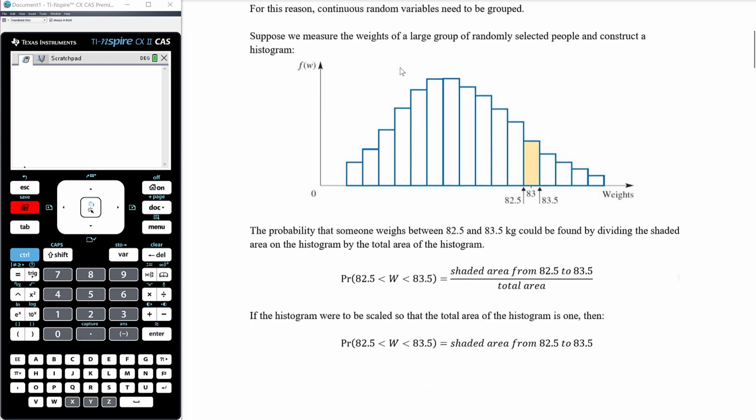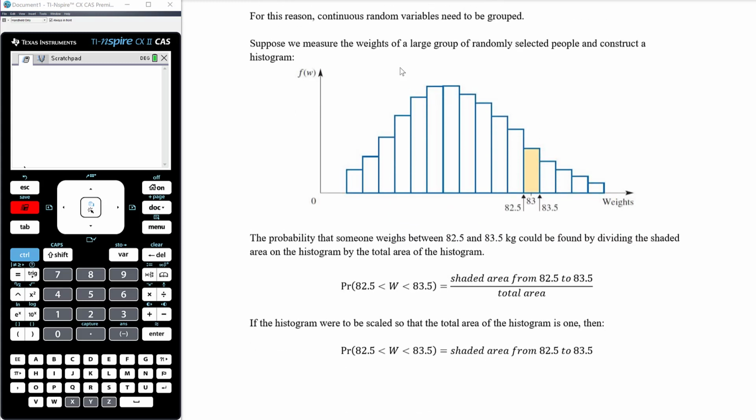Now if we were to instead rescale the histogram so that the total area of the histogram is 1, rather than measuring frequencies, it's now going to measure proportion. So let's say that that was 20 people out of, I don't know, 100 people. I'm just making it up.